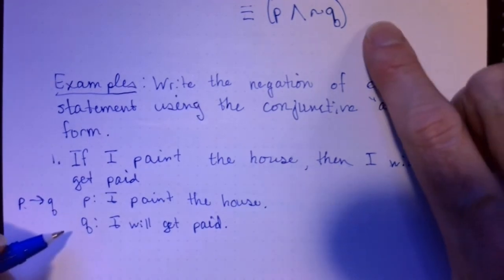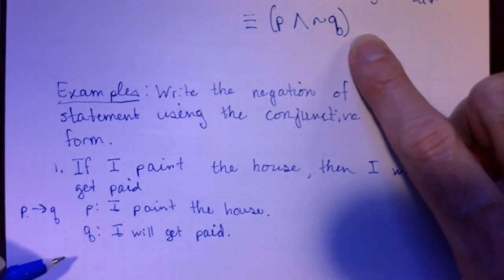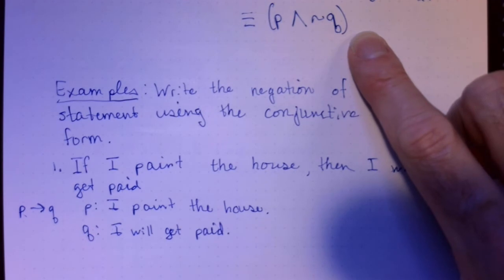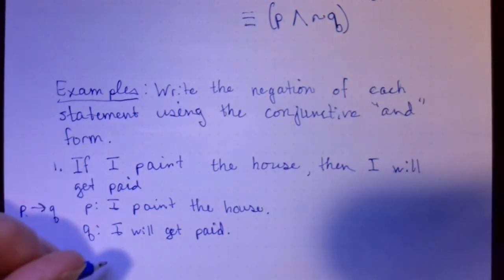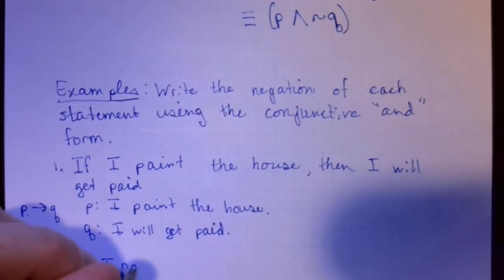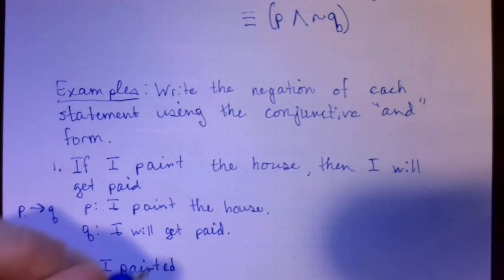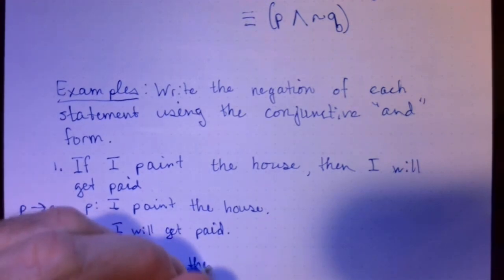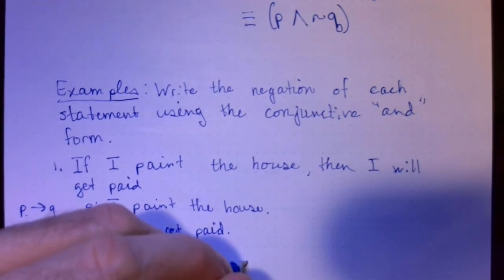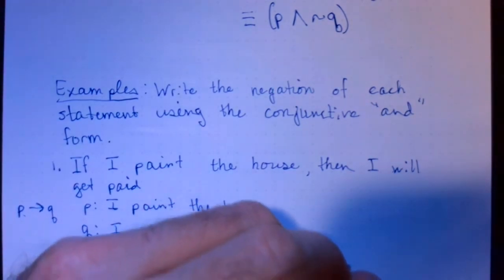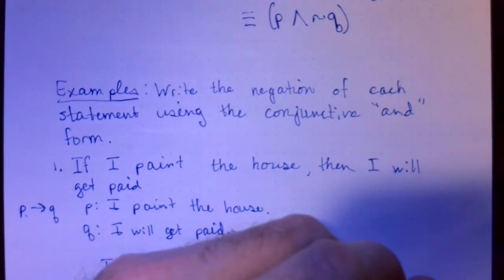And right up here we see the negation of the implication is P and not Q. And let me go put it in past tense here. I painted the house and I didn't get paid.